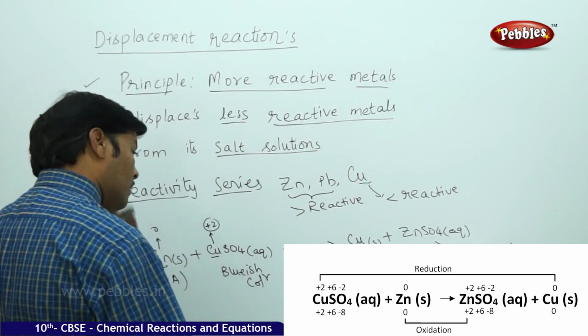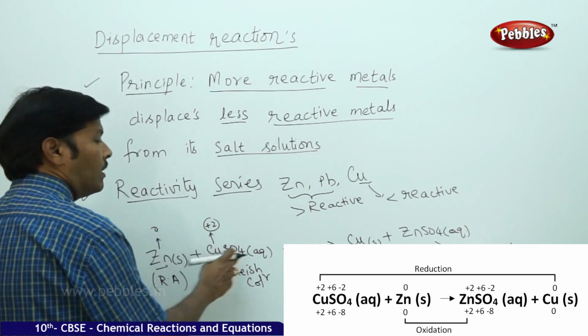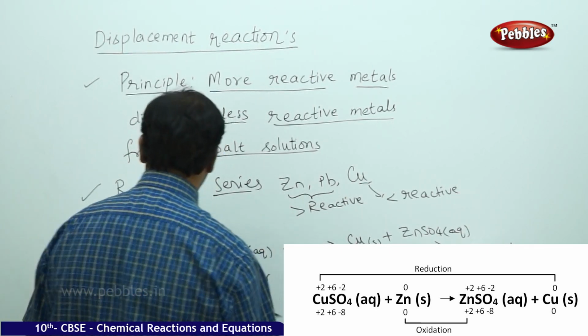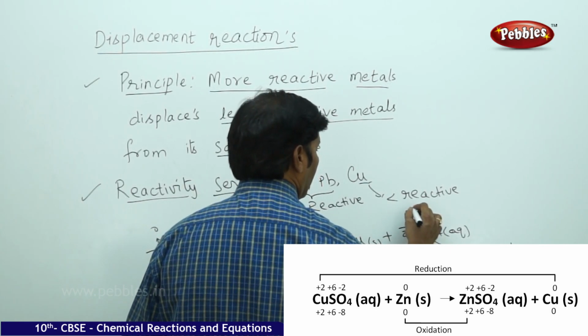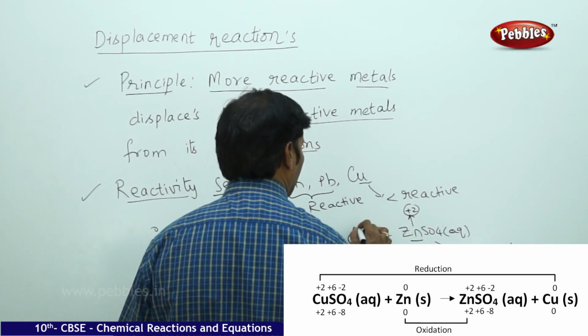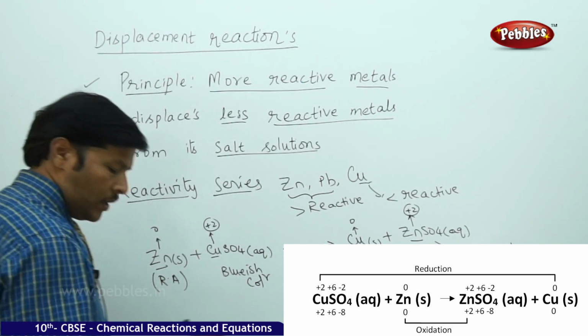So here zinc is reducing the copper sulphate to copper, and by itself it is getting oxidized. In zinc sulphate, zinc is +2 and copper is 0. This is one type of reaction. Then you can go for one more reaction.